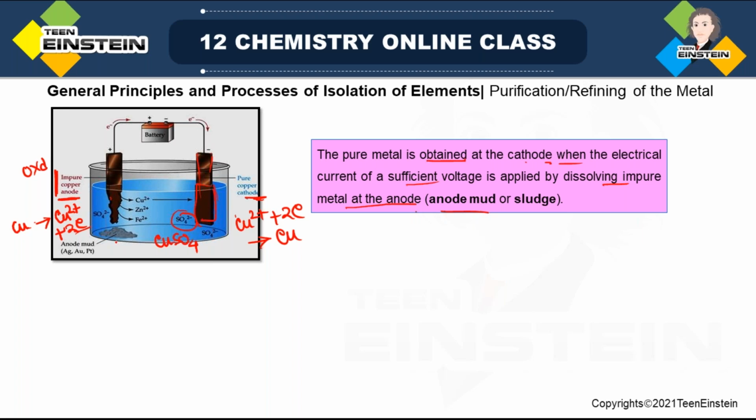The impurities are deposited on the lower surface of this container. It is called anode mud because it is generated from the anode, and it contains all these metals. These metals are very costly, and they are also inert in nature. They do not take part in reaction very easily. Silver, gold, platinum, all these are very costly metals. So from the anode mud we can recover these because these are very important metals. So this is known as anode mud or sludge.